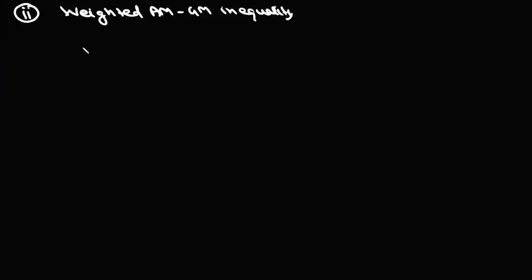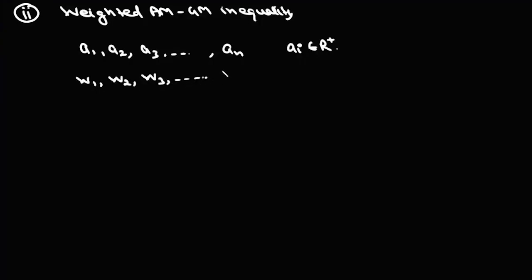So suppose we have n positive real numbers a1, a2, a3 up to an, where each ai is a positive real number, and we have n positive rational numbers, suppose w1, w2, w3 up to wn, and we'll take them as weights of a1, a2, a3 and an. So these wi's are positive rational numbers.